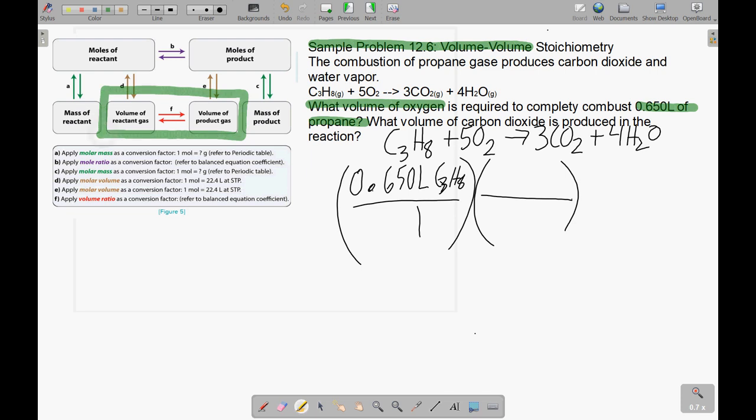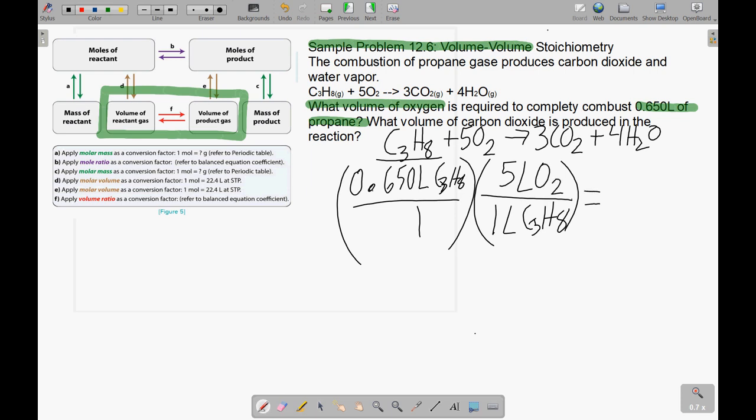Since these are all gases, instead of moles, we can think of 1 liter of C3H8, 5 liters of oxygen, 3 liters of carbon dioxide, and 4 liters of H2O, as long as everything is a gas at STP. So in our problem, we're going to put 1 liter of C3H8 and 5 liters of oxygen. That's it. We've converted from liters of one gas to the liters of the other.